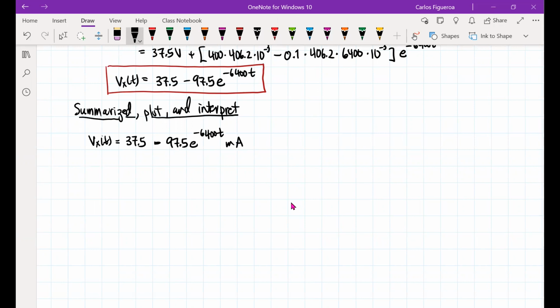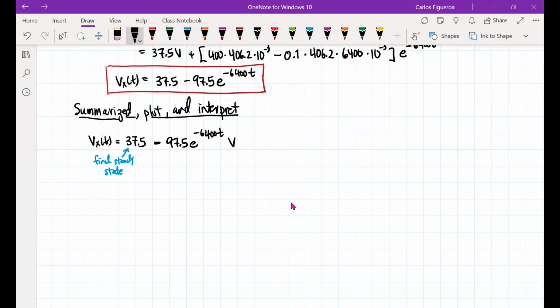So let's go through this. This guy right here is the final steady state. It's not milliamps, by the way, it should be in units of volts since this is a voltage. So it's going to reach its final steady state of 37.5 volts.